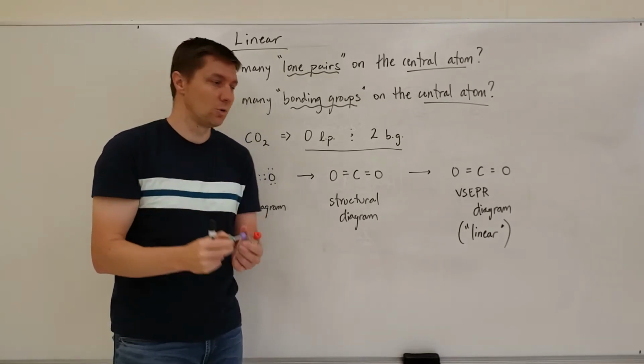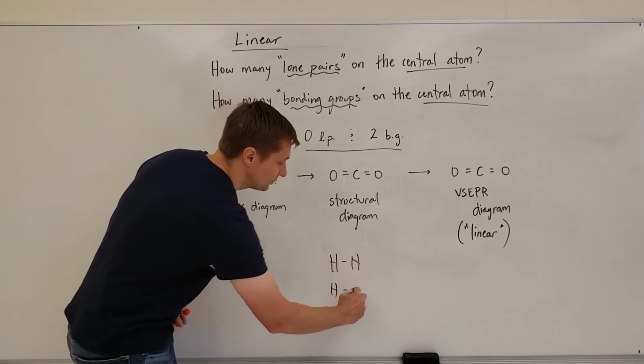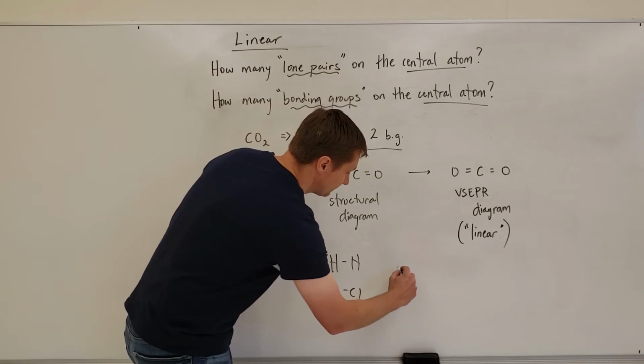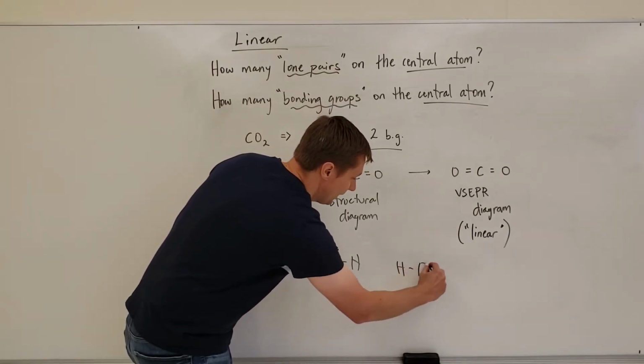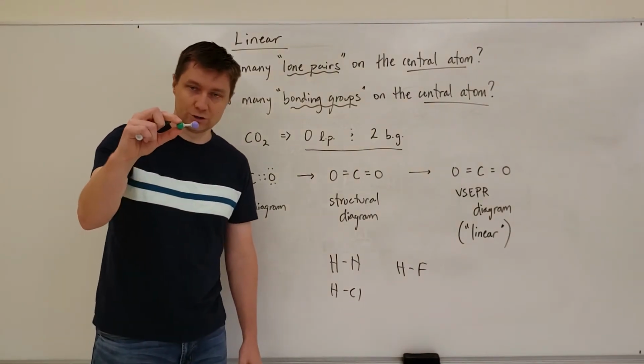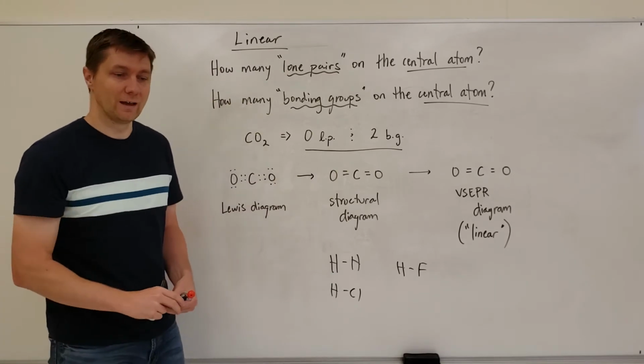So compounds like H2 or HCl or HF, these are all compounds that are going to have a linear shape as well. It won't follow this rule, but there you go, you've got that.